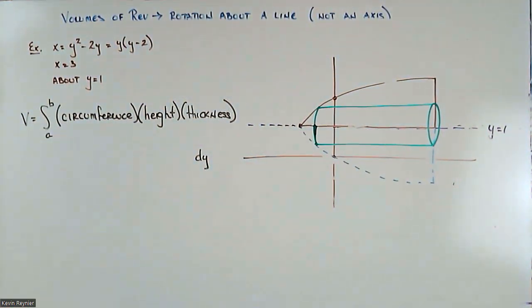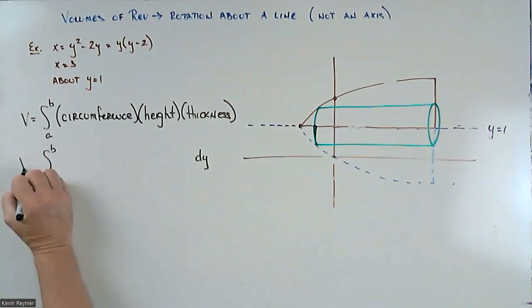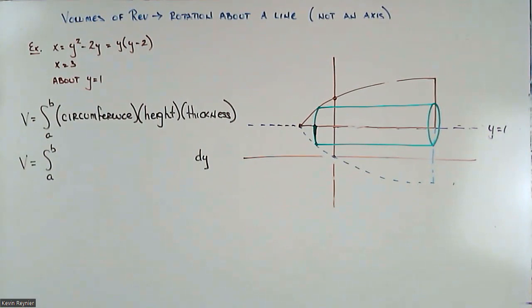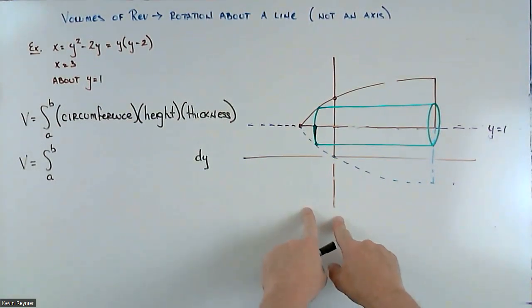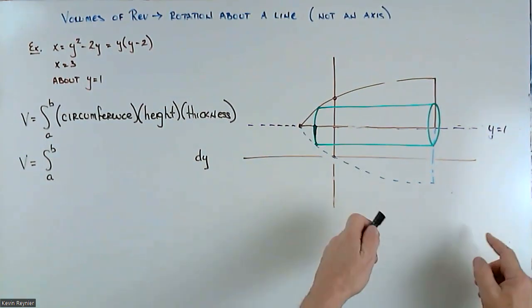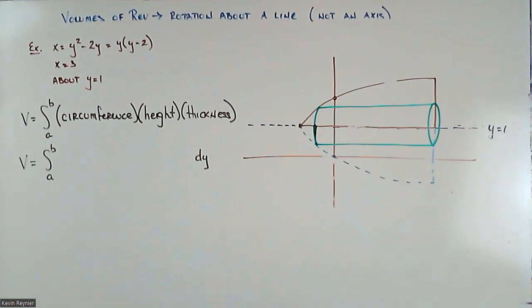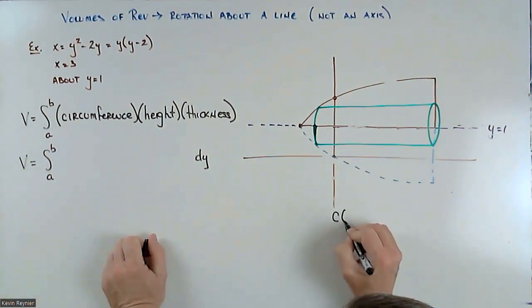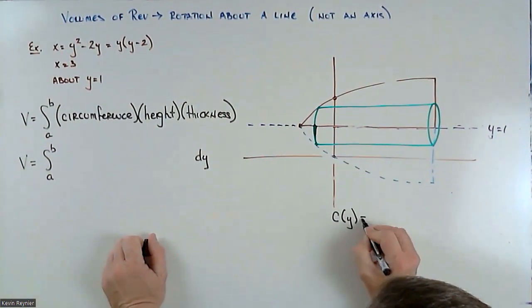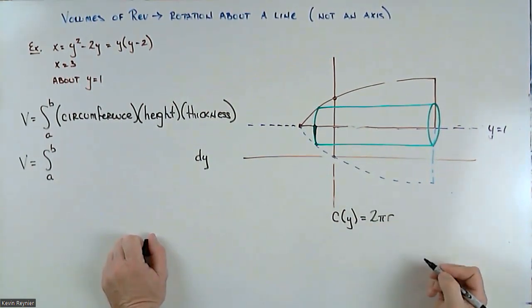So we know that our integral for volume is going to be in terms of y. Now, instead of going over here and looking for my area in terms of y, or my outer area and my inner area in terms of y, I don't have that because I'm doing cylindrical shells. I'm going to look for my circumference in terms of y, which we know the formula for circumference is 2 pi times r.